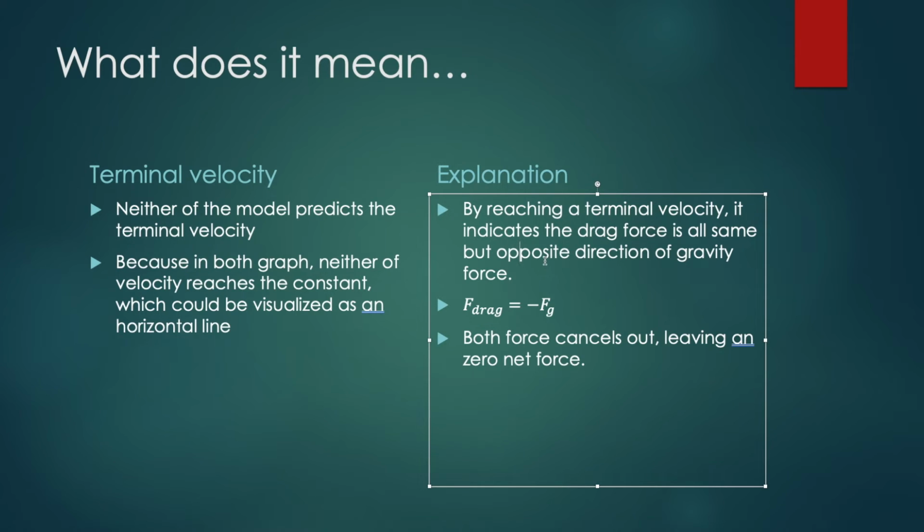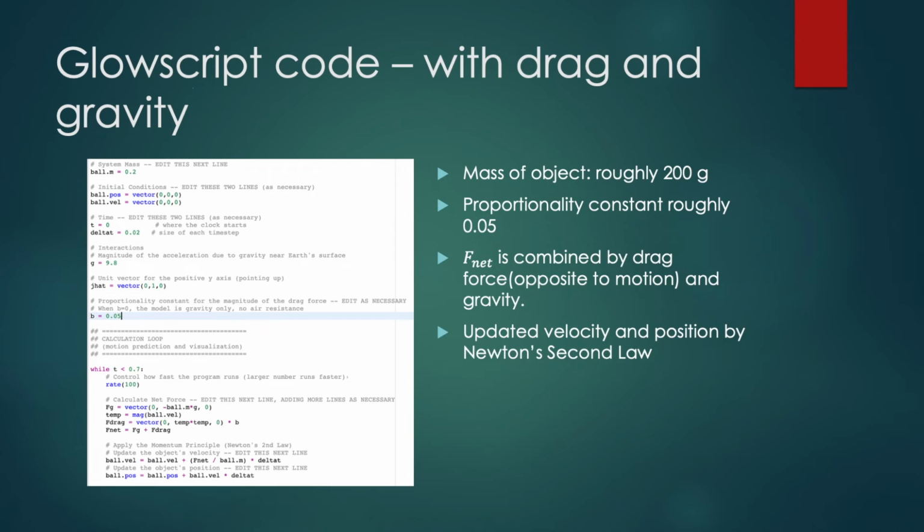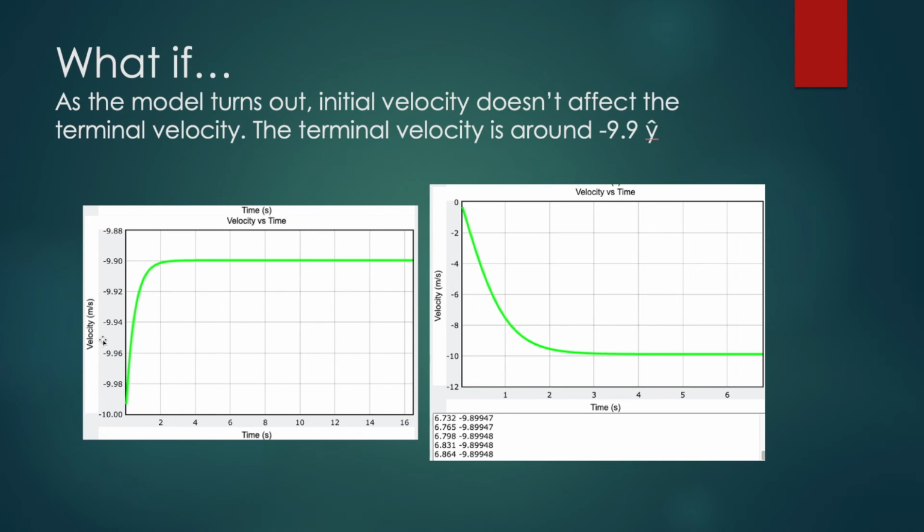Now let's look at the model: what if an object is falling from rest or falling with a non-zero initial velocity? The outcome here is obvious. As we can see, both models reach a constant velocity of approximately negative 9.9 along the negative y-axis.